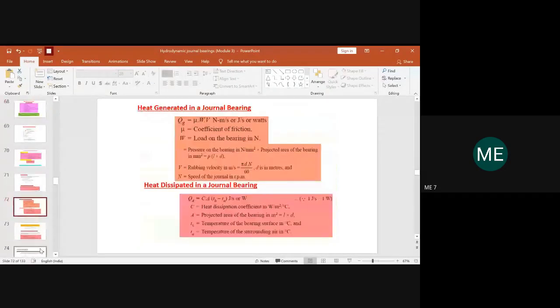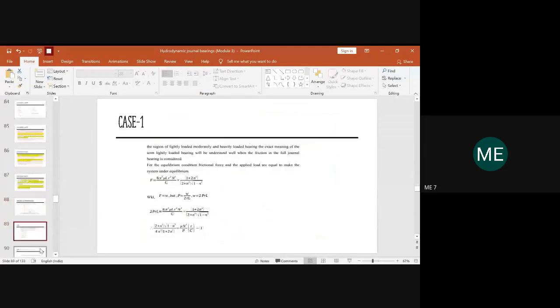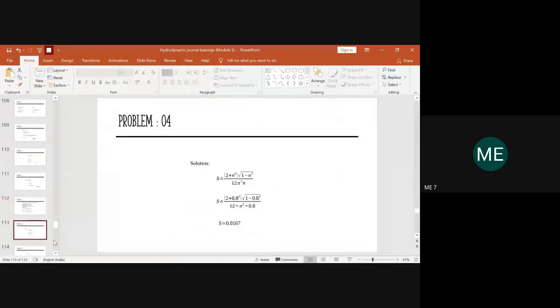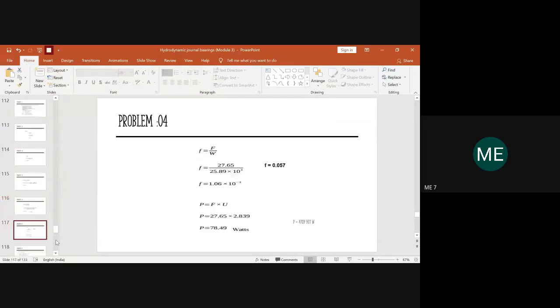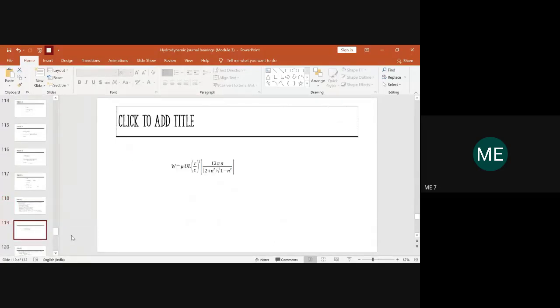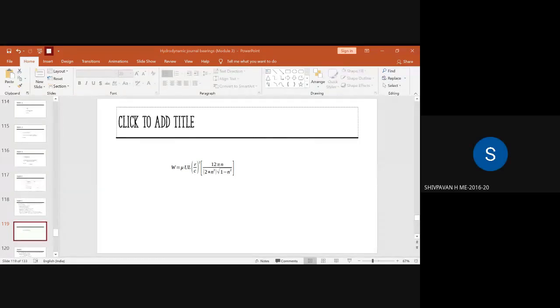You have to make a small change in it. What is the change? Can anyone let me know how you change the equation when the diametrical clearance is given instead of the radial clearance? Quick. Instead of r, you should use d by 2.